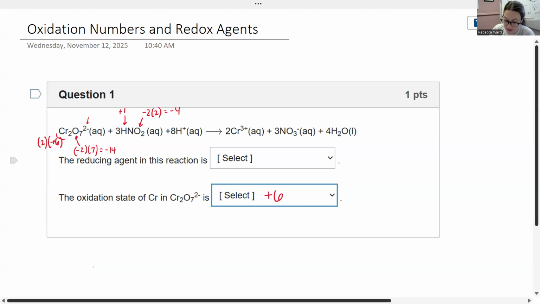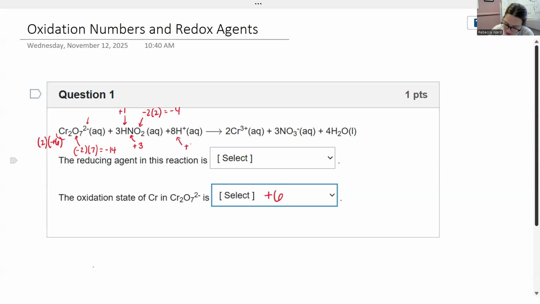So in total, this is a -3 so far, and we know that the whole thing has to be neutral. So the one nitrogen in there should be +3. Now we know that these hydrogens, this is being done in an acidic solution, those are all +1s.